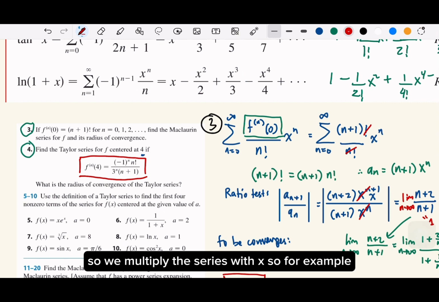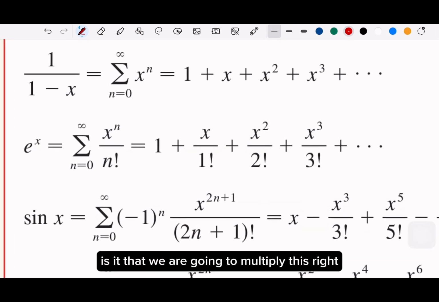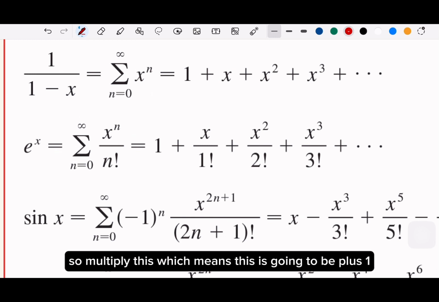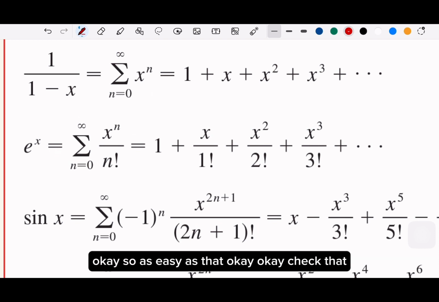So for example, if we multiply e to the x by x, it means that we are going to multiply this, which means this is going to be plus 1. So as easy as that. We can check that out.